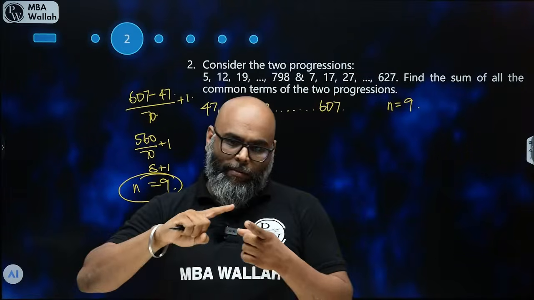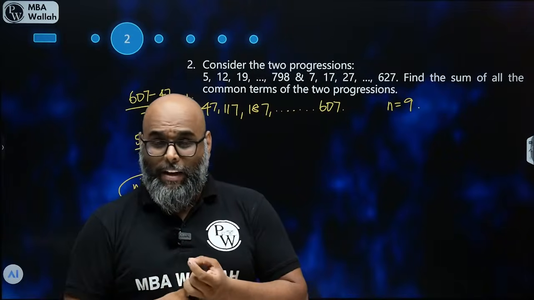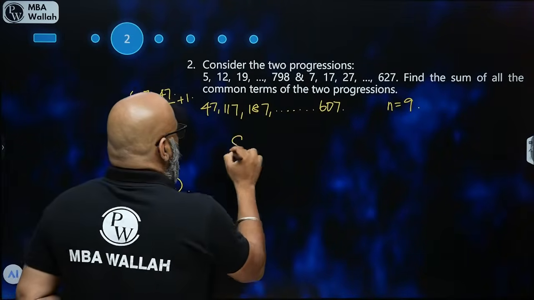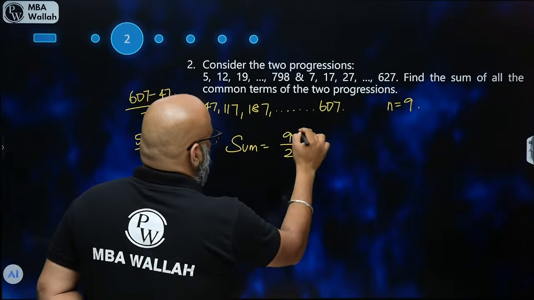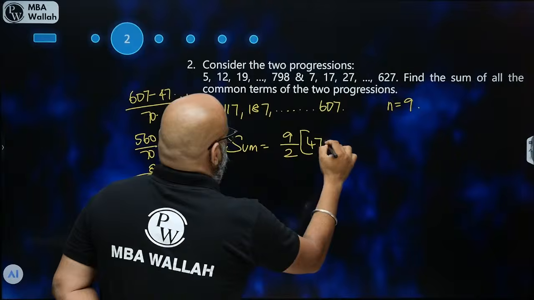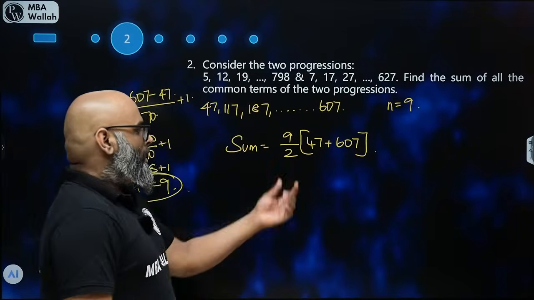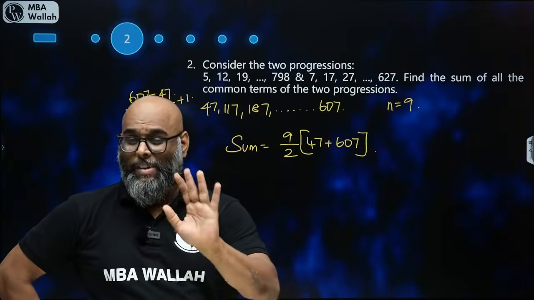So I have the value of n, I have the value of a, I have the value of d. I can plug it in, I can do it. Or sum of the series is equal to n by 2 into first term plus last term. First term plus last term by 2 is average, into n is sum. Yeah, done.